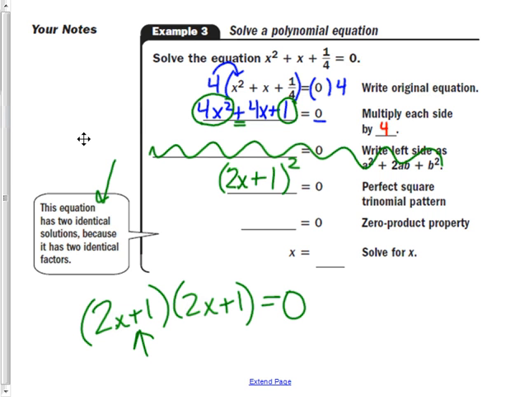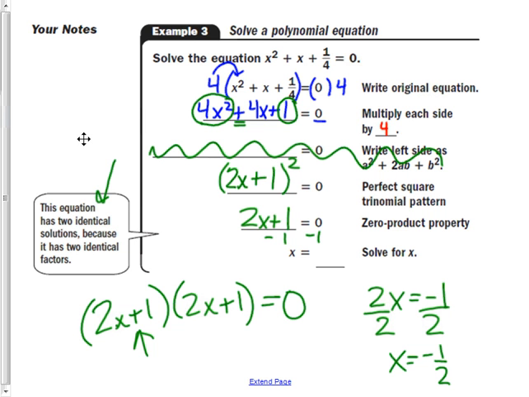We know that 2x plus 1 has to equal 0. Solving for that, if I subtract 1 from each side, I get 2x equals negative 1. Dividing both sides by 2, I get x is equal to negative 1/2. So x is negative 1/2.